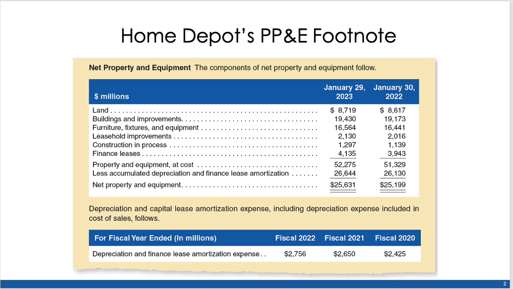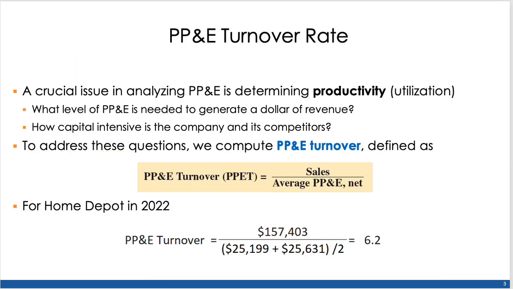Now, the reason we bring this up is our first metric of analysis, the PP&E turnover rate, which, as you can see here, is essentially sales divided by average PP&E, which, as you might guess, means you need net PP&E beginning and end for the period and simply average them, right? So what does this ratio actually attempt to describe?